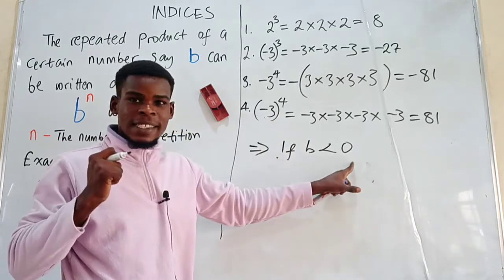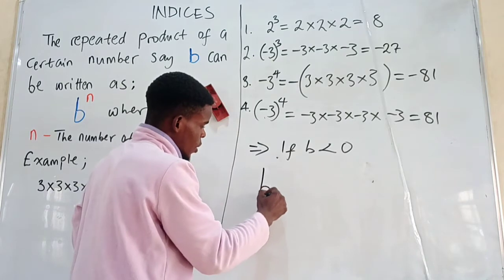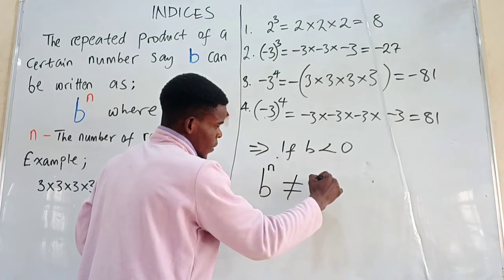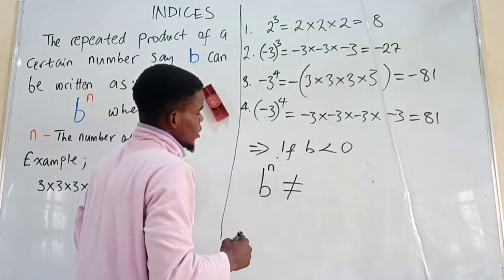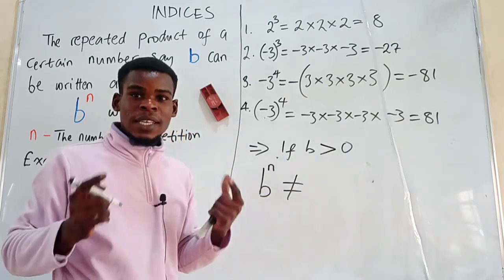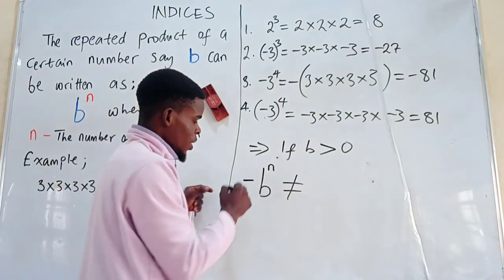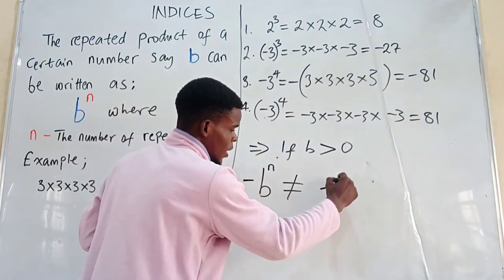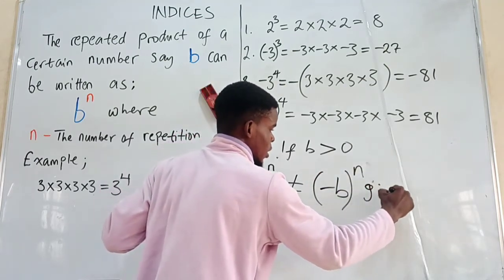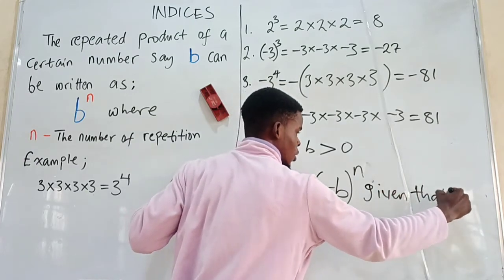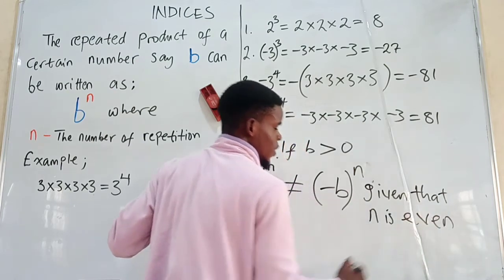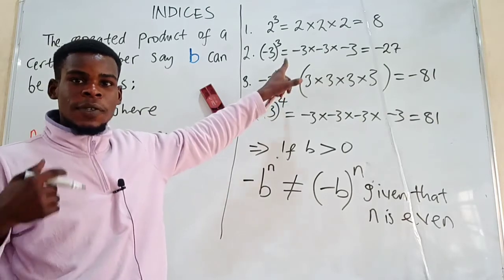If b is less than 0, it means that b to some power n is not the same thing as, where b is greater than 0, that is, b is a positive number, negative b raised to power n, given that n is even, that is, n is divisible by 2, like here 4 is even, 6, and so on.